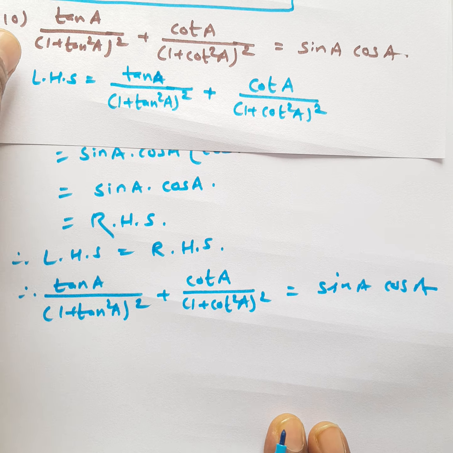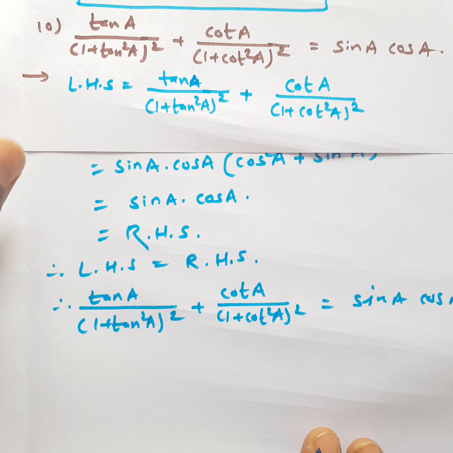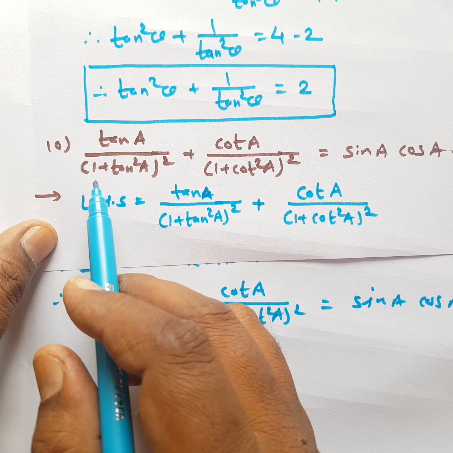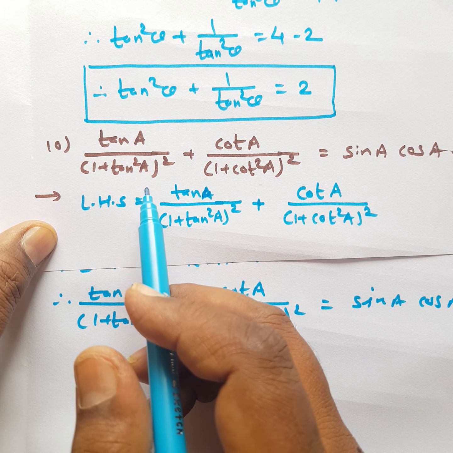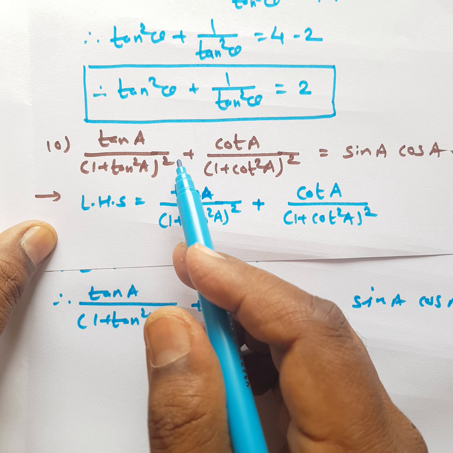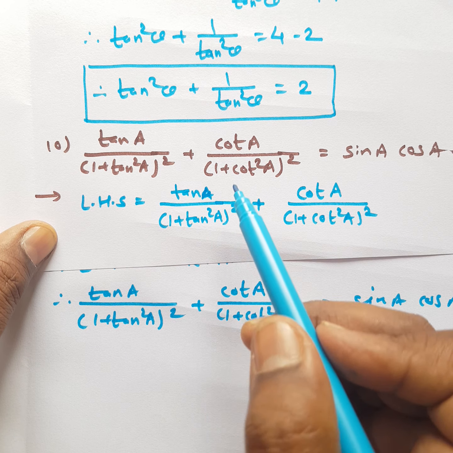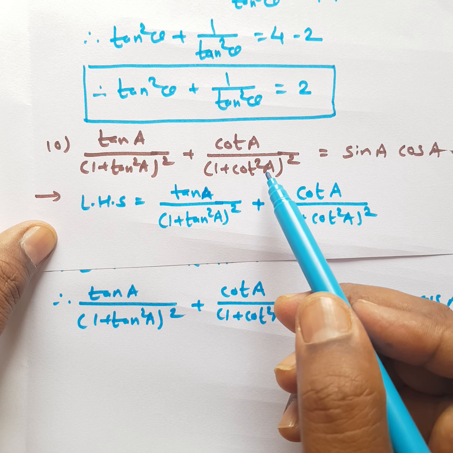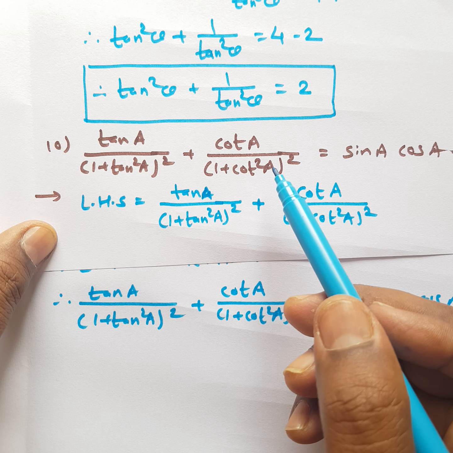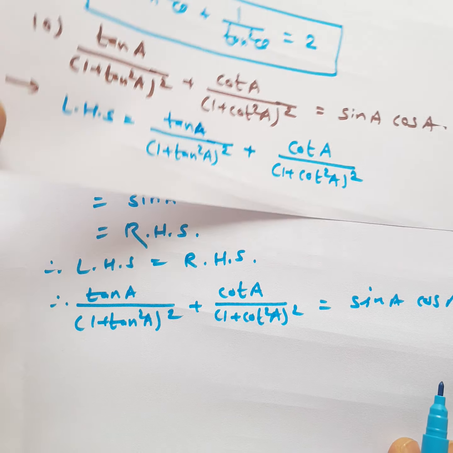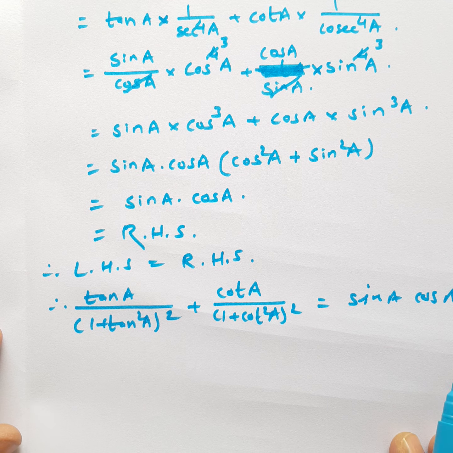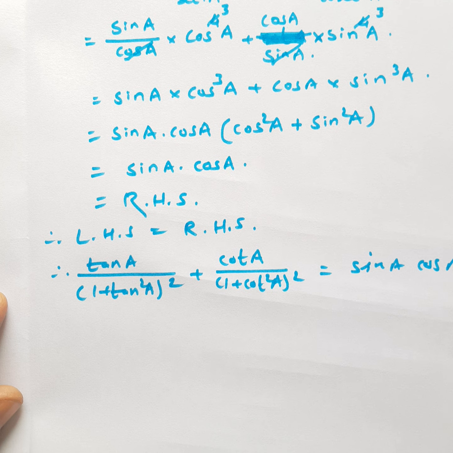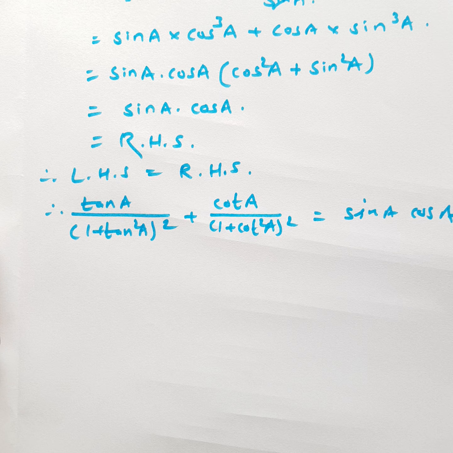See how we prove it. First we put the value of 1 plus tan square A as sec square A. Sec square A whole square is sec raised to 4 A. Then 1 plus cot square A is equal to cosec square A. And by simplifying the given steps, we got left hand side equal to right hand side.